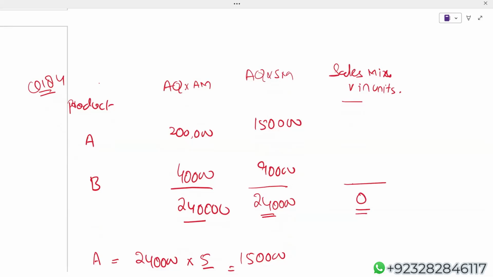Why will the total be 0? Can I say logically the sales mix variance in units is a difference of two columns in which the total is the same? Only the difference is in the ratios. Is that clear, students? Yes or no?